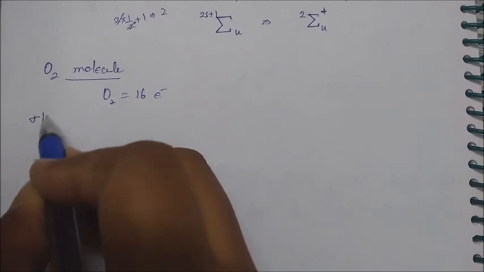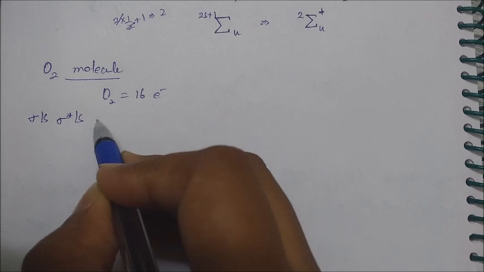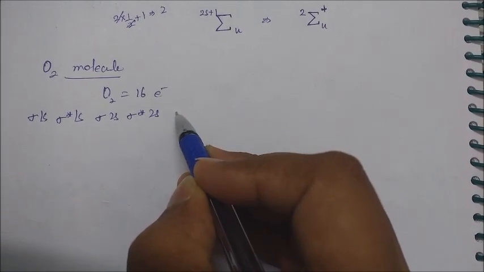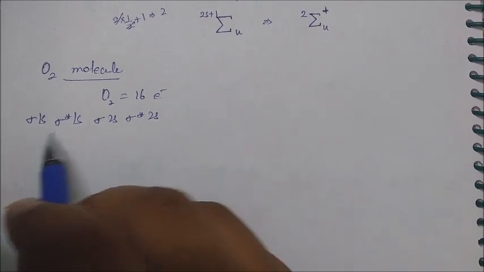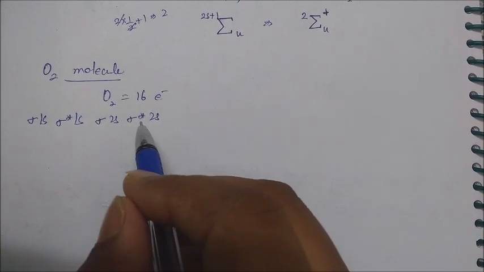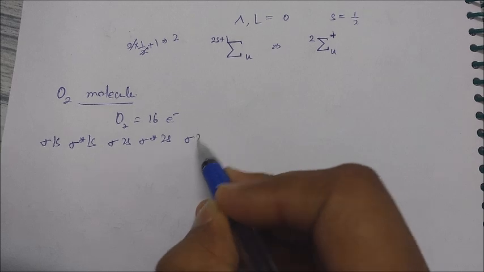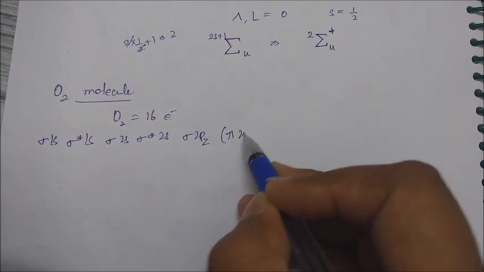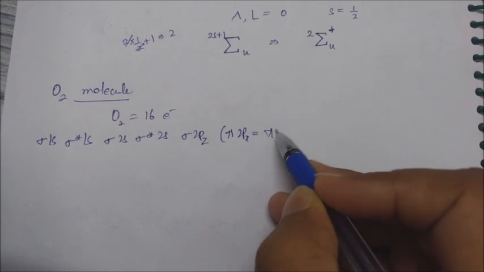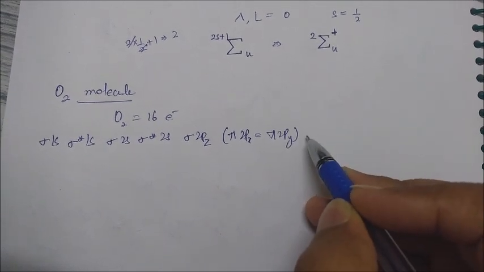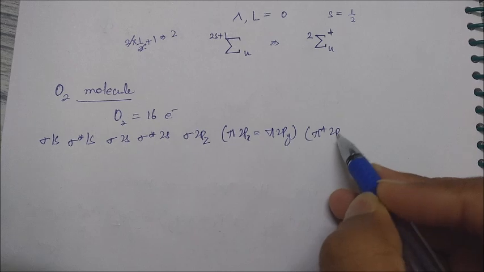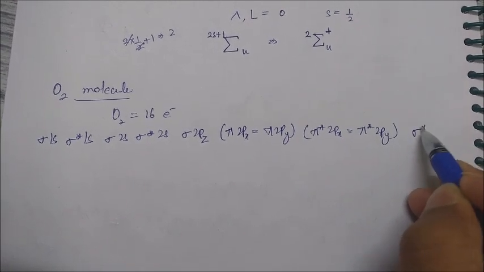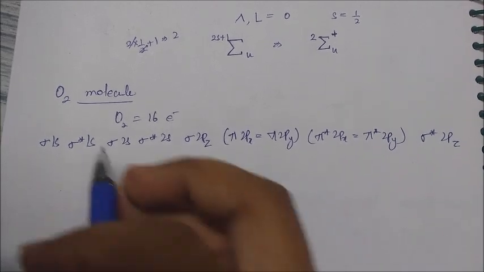That is sigma 1s, sigma star 1s, sigma 2s, sigma star 2s, sigma 2pz, then pi 2px equals pi 2py, then pi star 2px equals pi star 2py, and then sigma star 2pz.